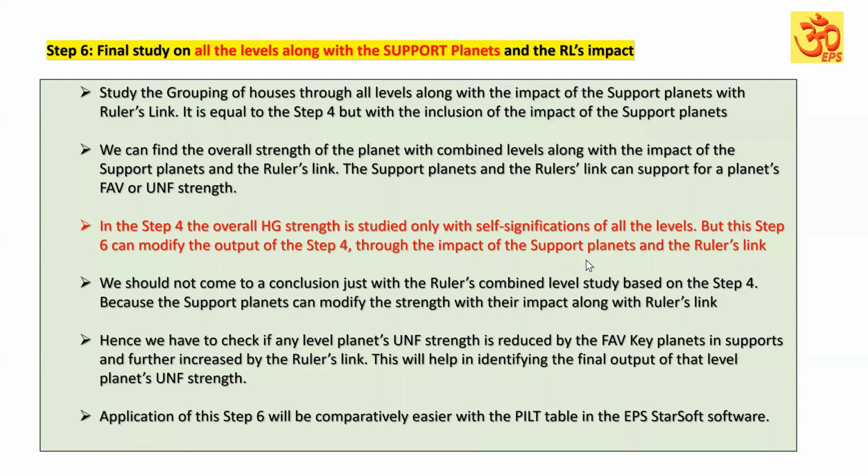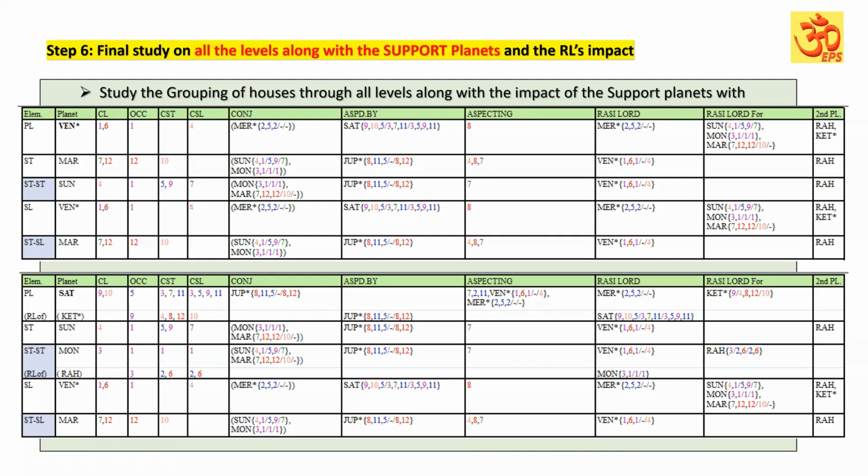You can see these two planets. These two planets we already discussed in the previous slide. Also, it is the same chart that I am discussing throughout this lesson number 8, as I said already. Let us take Venus planet and let us take Saturn planet. How the unfavorable or favorable significations are increased by the supports and ruler links, that we discussed in step number 5.